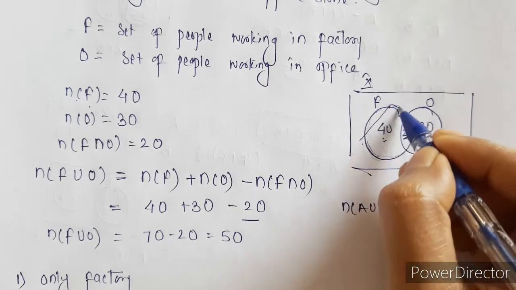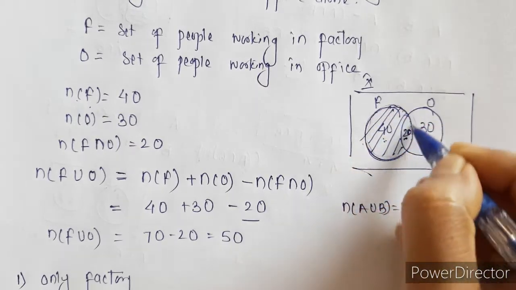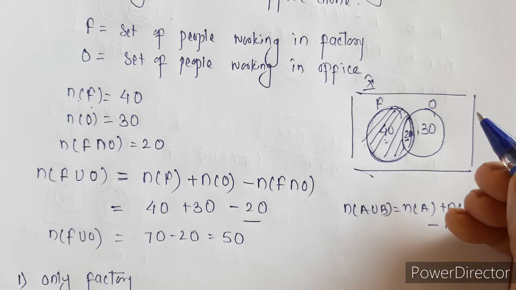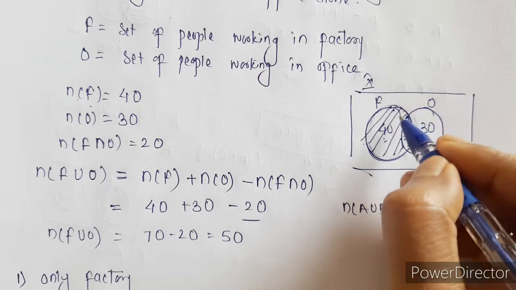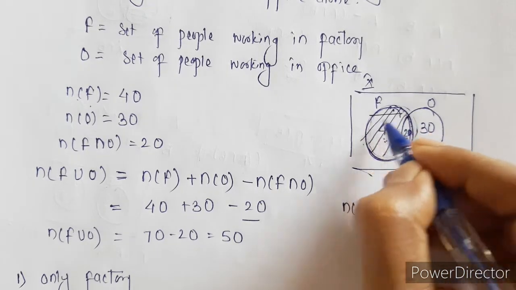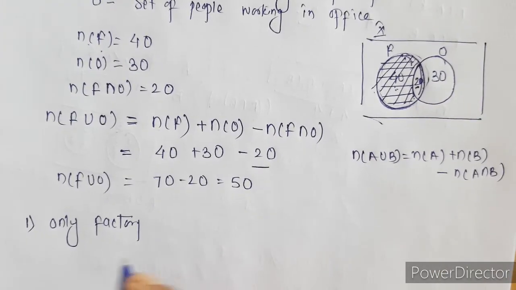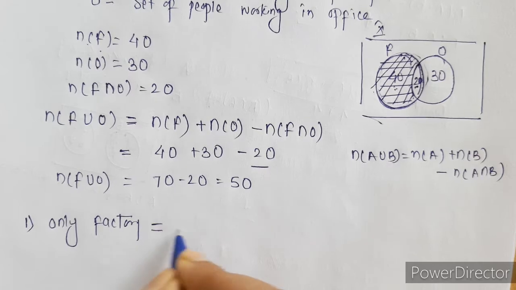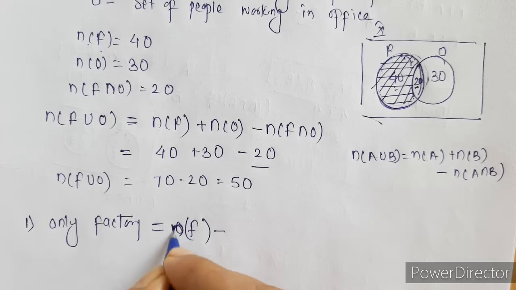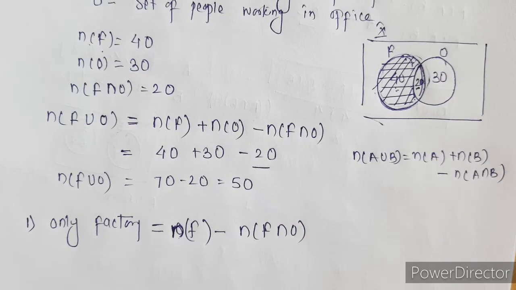So how many people are working only in factory? From this entire 40, if I take this intersection out, the remaining are the people who are working in only factory. So out of this complete 40 people, if I subtract this 20, the remaining 20 will be only working in factory. So only factory is nothing but n(F) minus n(F intersection O).